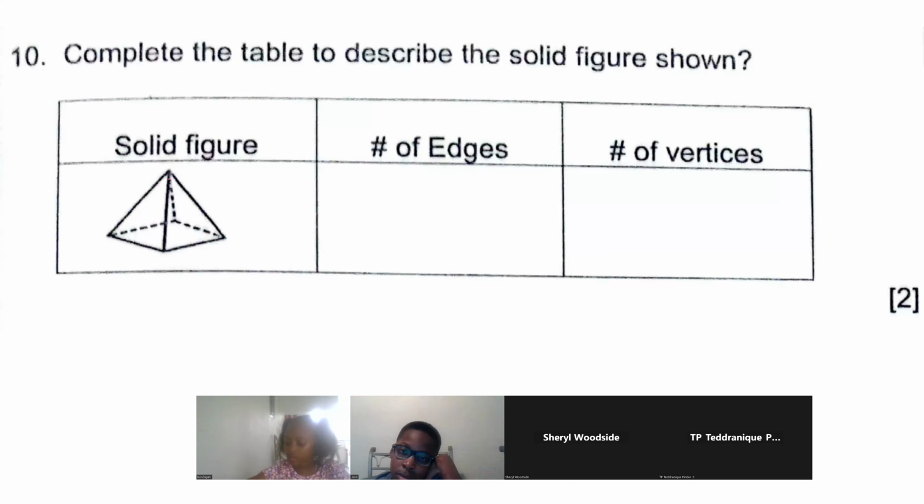Let's start with the back. That one in the back is 1. Then 2, 3, 4, 5, 6, 7, and then 8. So how many edges do we have? 8 edges. There are 8 edges.